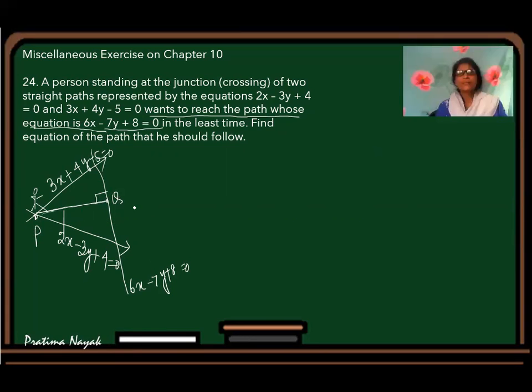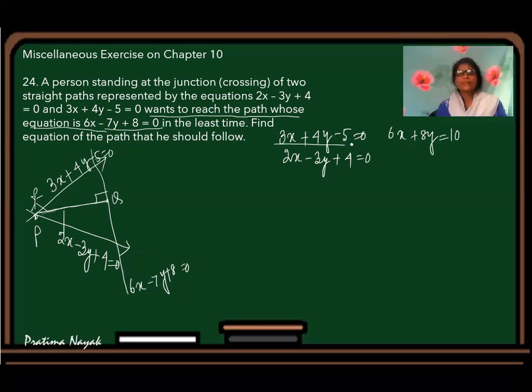So first we'll get the point P of intersection. So I'm taking 3x plus 4y minus 5 is 0, and the other line is 2x minus 3y plus 4 is 0. So the first equation I'm multiplying by 2. This gives you 6x plus 8y is equal to 10.